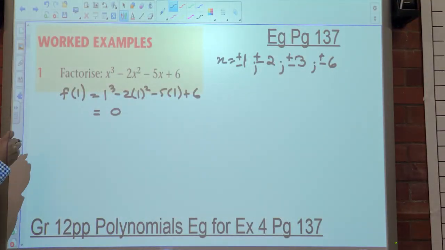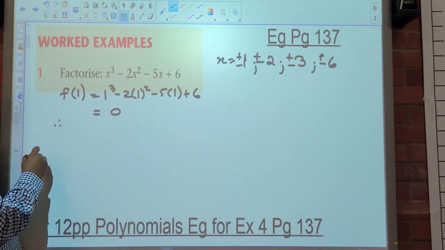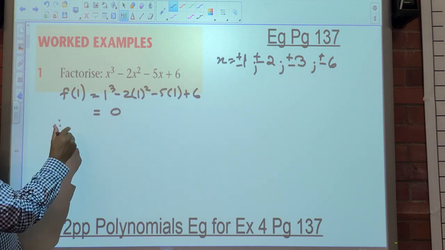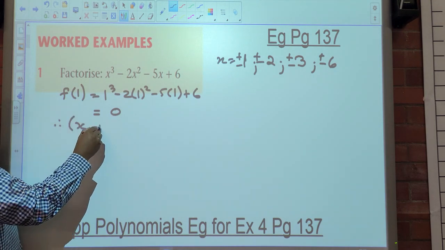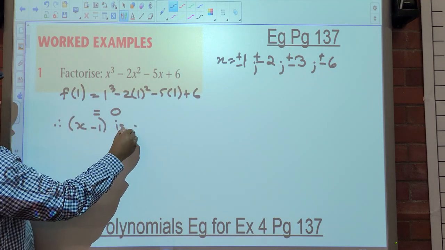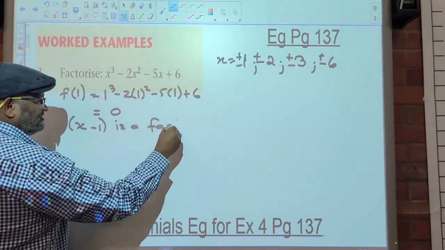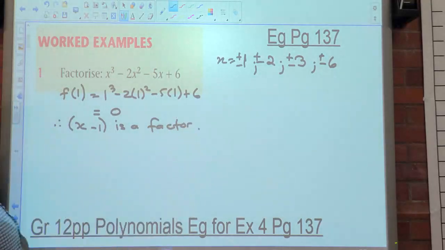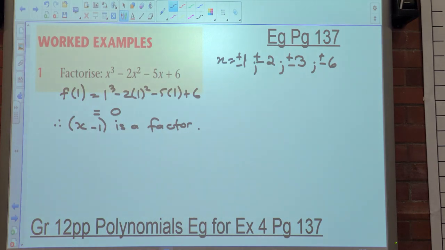So we conclude now, therefore, if x is equal to 1, then x minus 1 is a factor. That's your linear factor. That's how you find the linear factor. You guys understand?